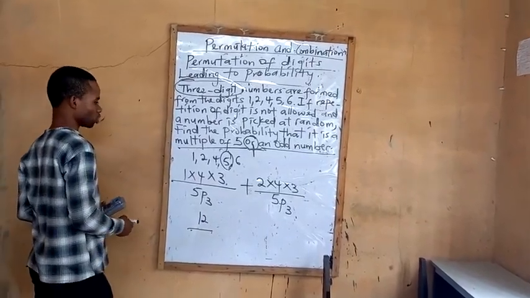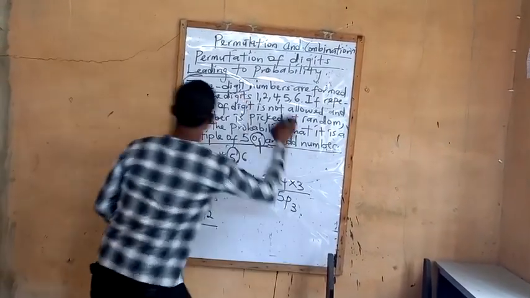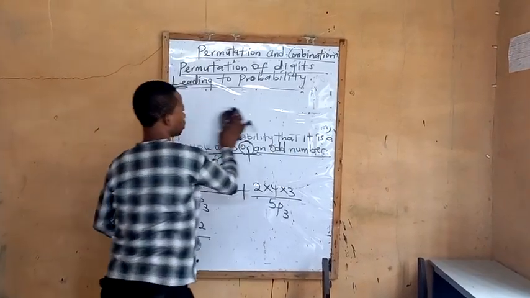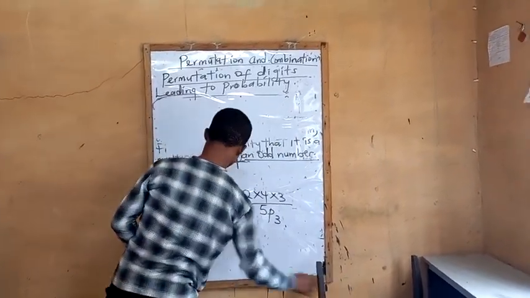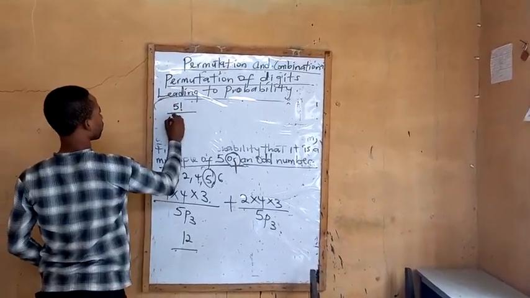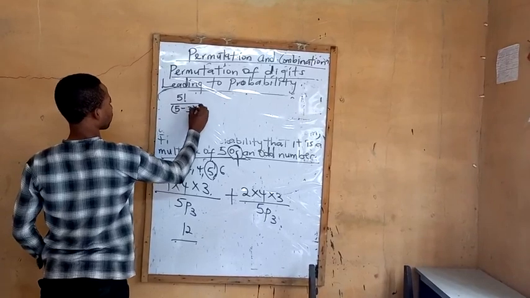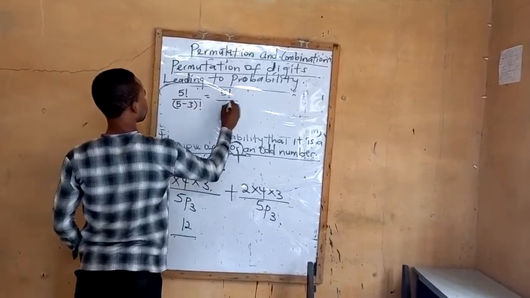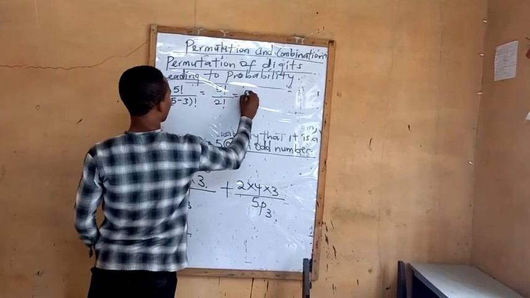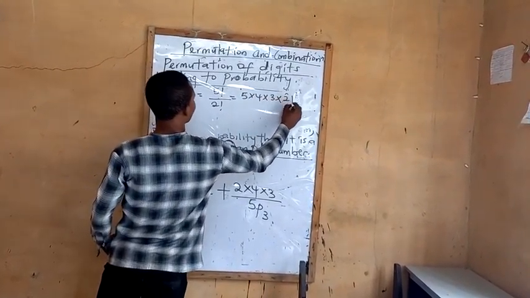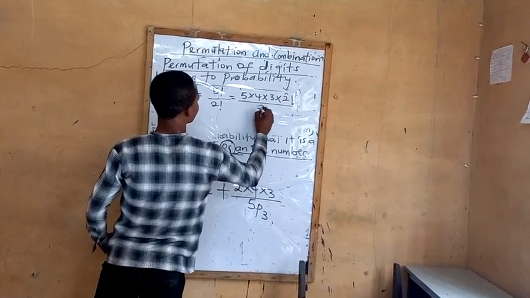Now 5 permutation 3 is going to be what? 5 permutation 3 is 5 factorial all over 5 minus 3 factorial, which is 5 factorial all over 2 factorial. That is 5 times 4 times 3 times 2 factorial all over 2 factorial.